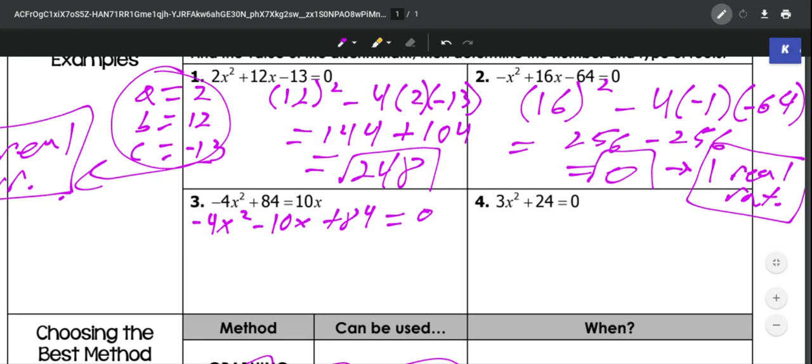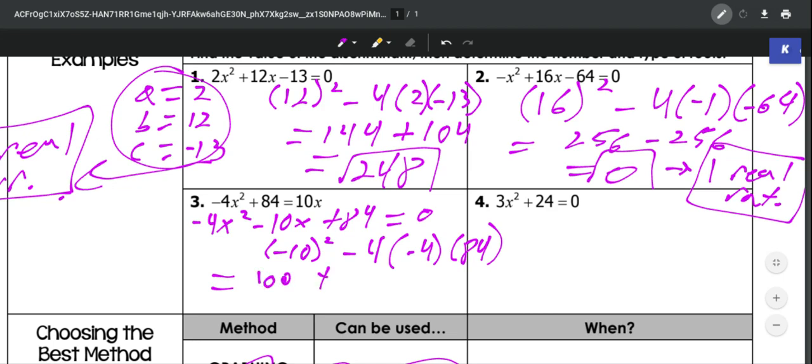So when we're determining what A, B, and C is, A is negative 4, B is negative 10, C is 84. When we plug that into our formula, it'll be B squared minus 4AC, which is 100 plus 1344, which will end up giving us 1444. So that is our discriminant.